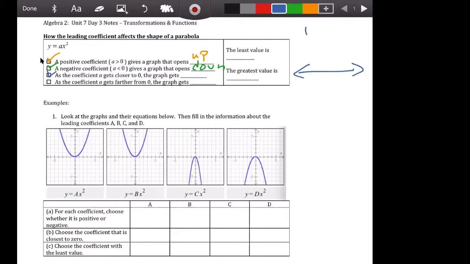Well, if you think about a parabola, the closer your A gets to 0, the more your parabola starts looking like this slope of 0. So what does that mean? It means it's going to get wider. So we're just going to write wider.